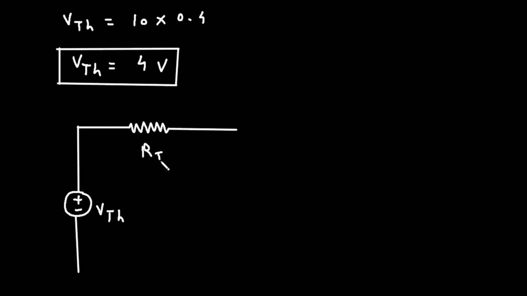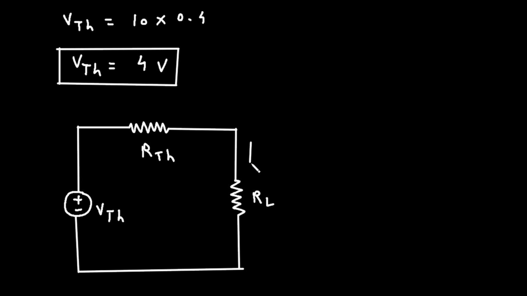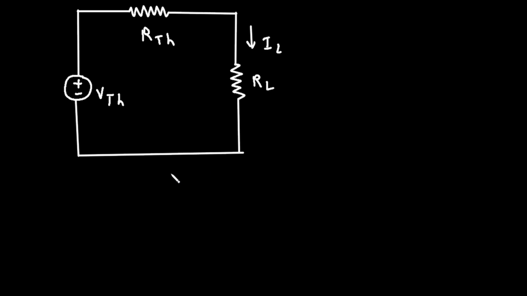So this is RTH and there will be a load resistor RL. This is load resistor RL and load current IL. And this is called Thevenin's equivalent circuit.